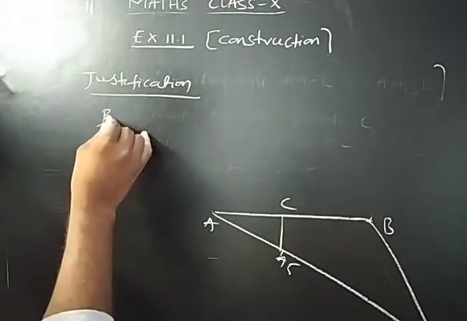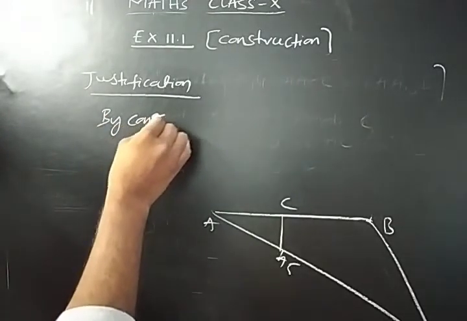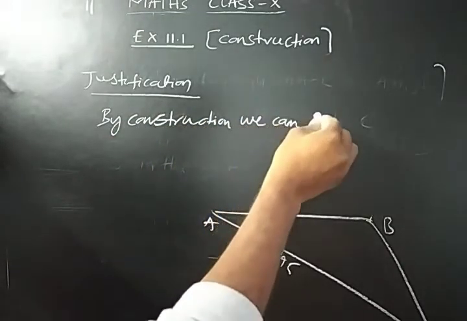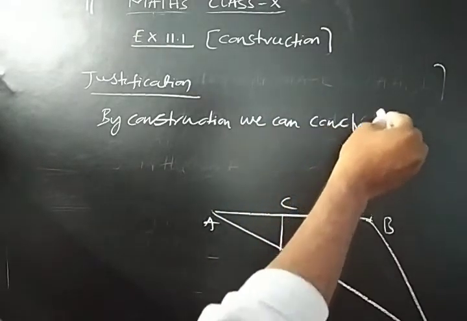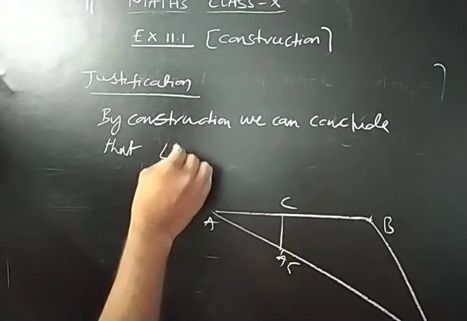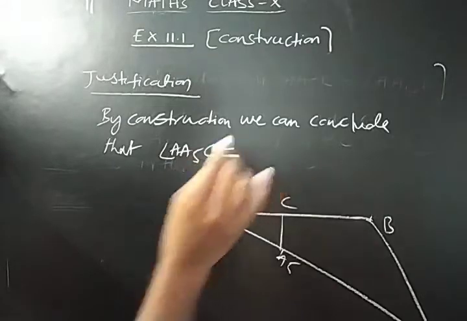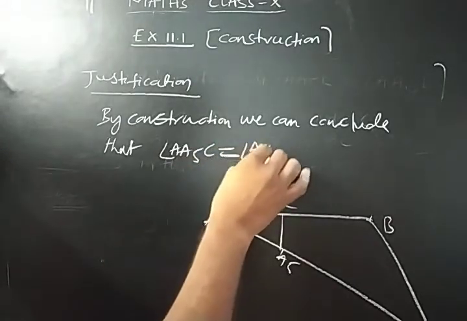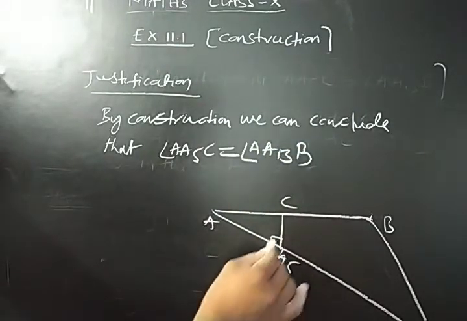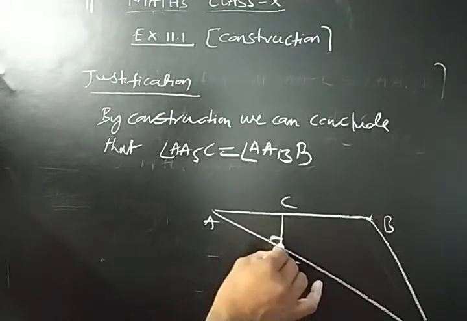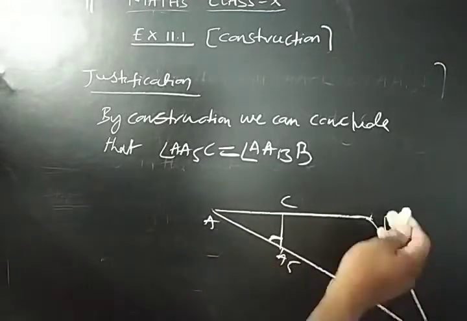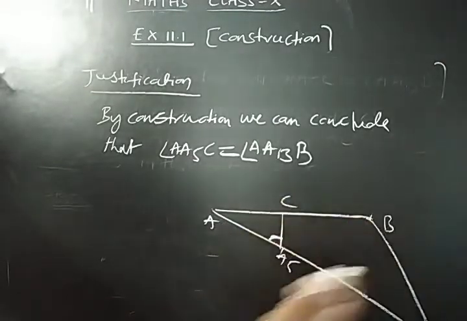By construction we can conclude that angle A5C is equal to angle A13B. How did we construct? We drew a line through A which makes an equal angle with AX. So this is done by the construction.